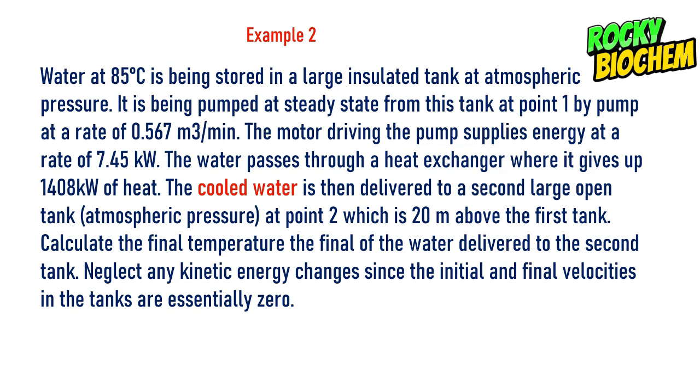The water passes through a heat exchanger where it gives up 1408 kilowatts of heat. The cooled water is then delivered to a second large open tank, at atmospheric pressure, at point 2, which is 20 meters above the first tank. You have to calculate the final temperature of the water delivered to the second tank, and you have to neglect any kinetic energy changes since the initial and final velocities in the tanks were essentially zero.